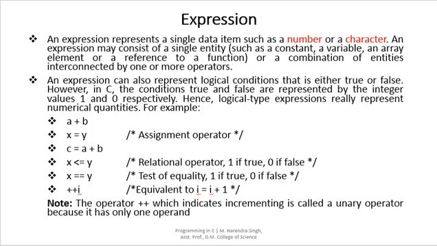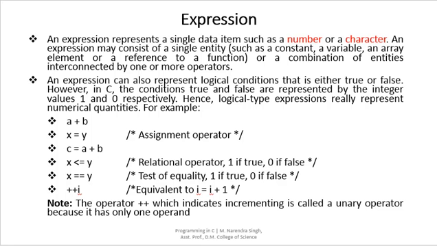When evaluated, its value will either be a number or a character. Similarly, C = A + B is an expression consisting of three data items A, B, C. When evaluated, this expression will represent either a number or a character.